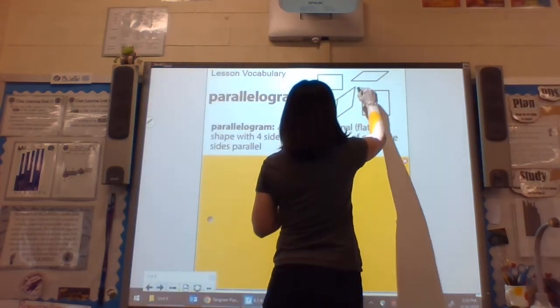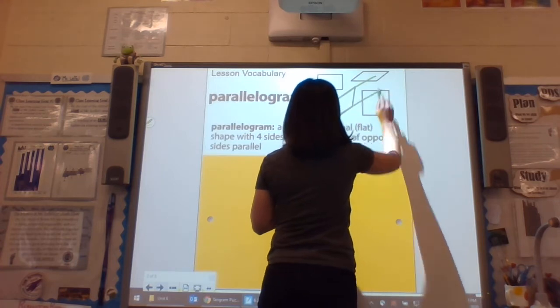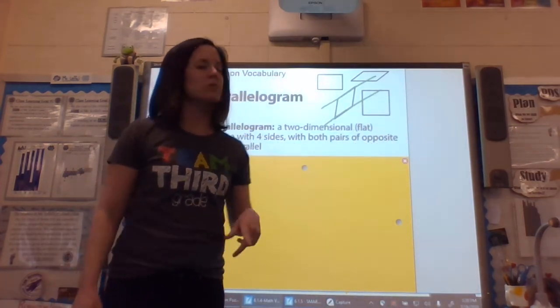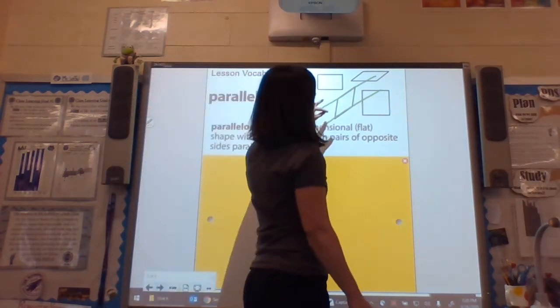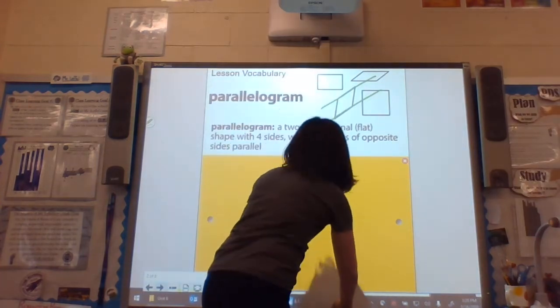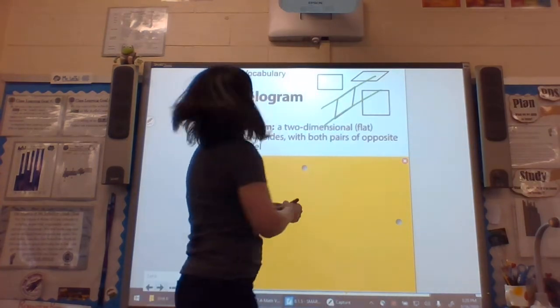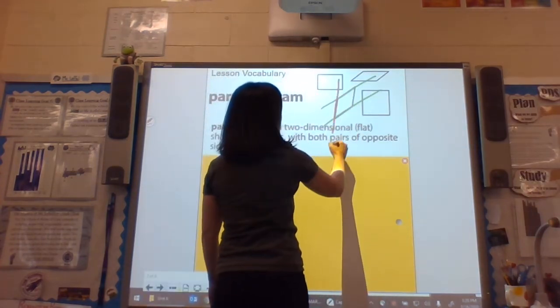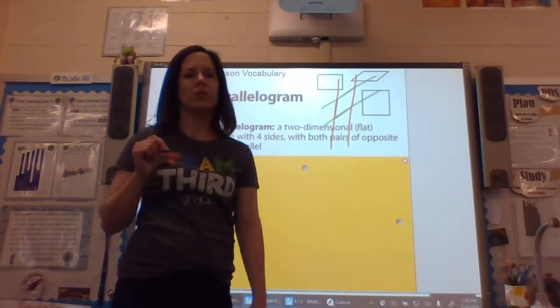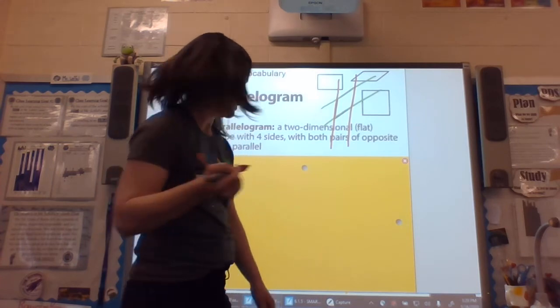Here's the first pair of parallel sides. If these were train tracks, the 2 lines would keep going on and on and on forever, and they would never touch, okay? The second set of parallel lines is right here. And again, if they kept going forever and ever and ever, they would never touch.